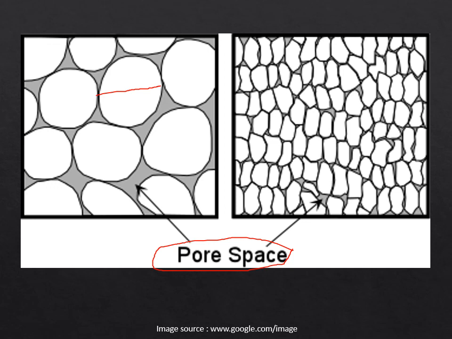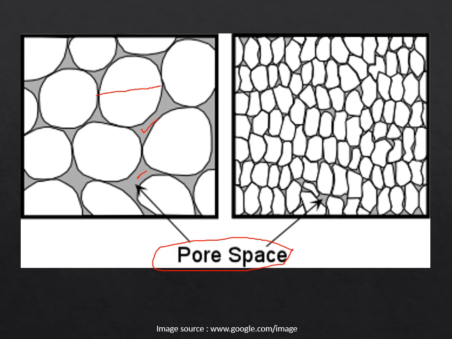Depending on whether the pore spaces are connected, you can see that this pore space is not connected with this one, and this one and this one are not connected at all. So the fluid, that is the liquid or the gas trapped here, cannot move from this pore space to that pore space.